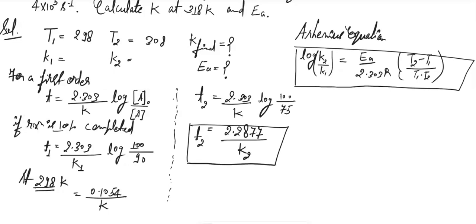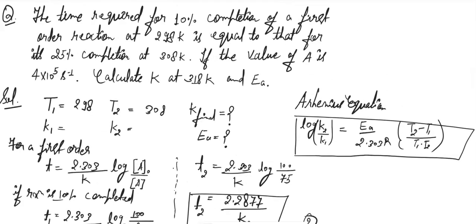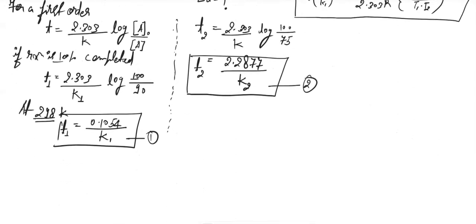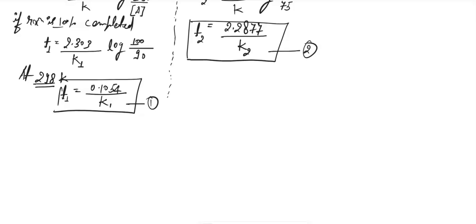So basically we have these two equations: t1 equals 0.1054 upon K1 is the first equation, and this is your second equation. Now the question is saying that the time in the first case and the time in the second case are equal. According to the question, t1 equals t2.